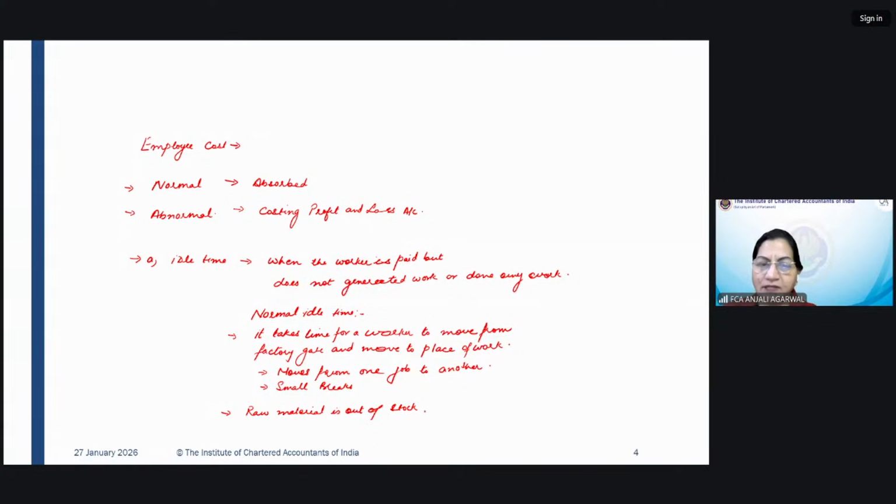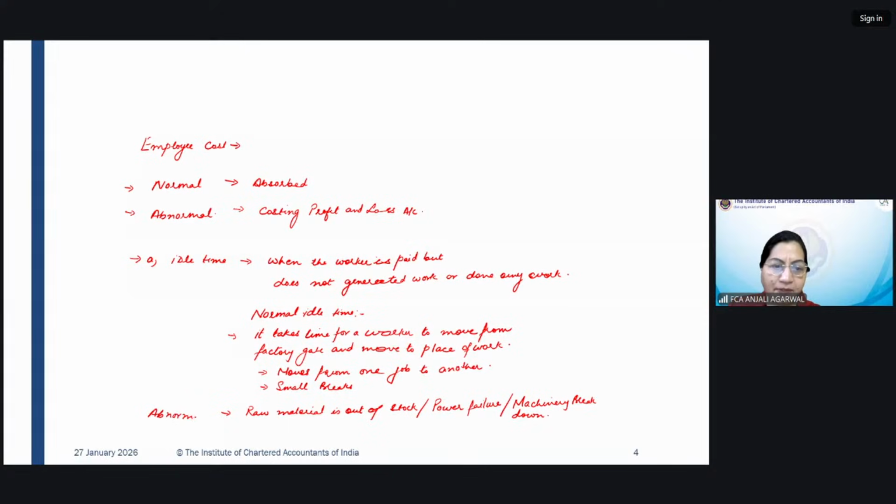You'll also have to pay the workers, though they will not be working, because it's not their fault that there's no raw material. There is a power failure. You cannot do anything, and the workers are sitting idle and they are still paid. There is machinery breakdown. So all these are reasons for abnormal idle time.